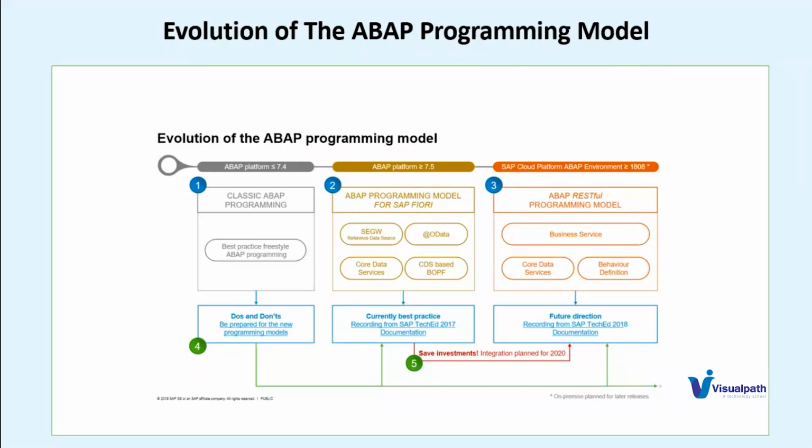I'm not talking about all these things in detail because we are going to see them practically. I'm just giving you the overview. So, evolution of the programming model: you can see SEGW, core data services, CDS-based BOPF, and how we can generate the OData services from the CDS view.